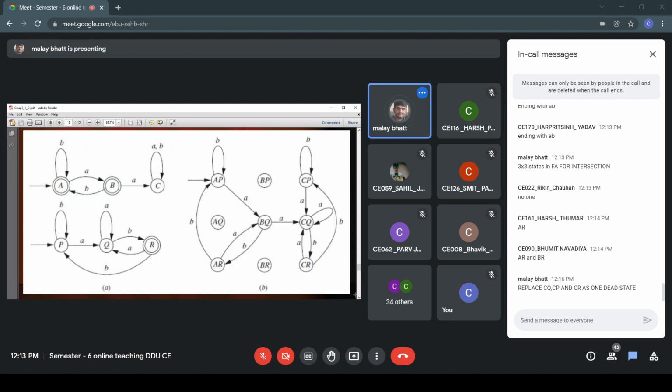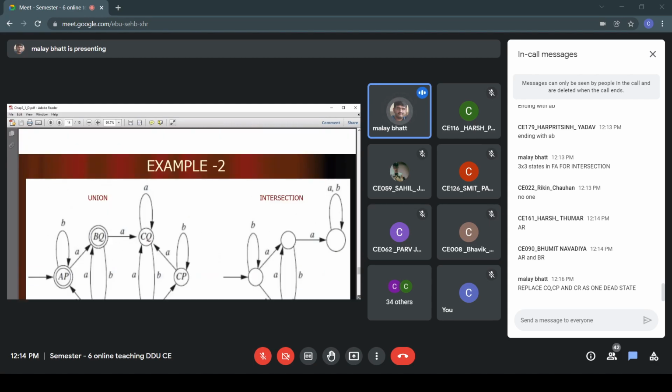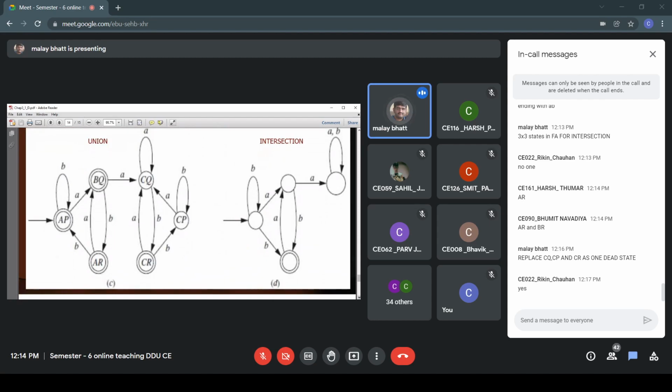So now if we consider the diagram for the intersection, we get this diagram. As you can see, it is shown here in diagram D, for the intersection purpose. So you can see any string which does not contain AA and ends with AB is accepted.